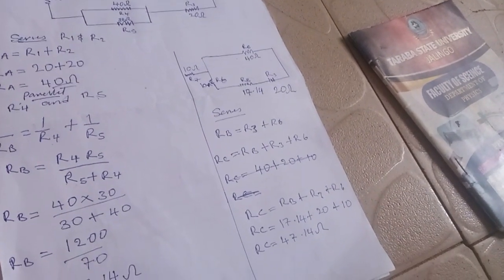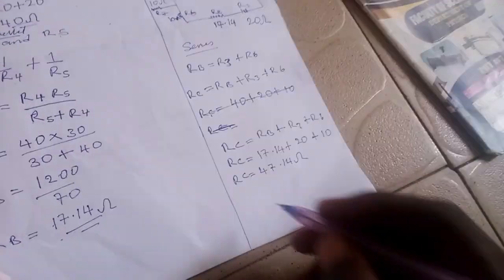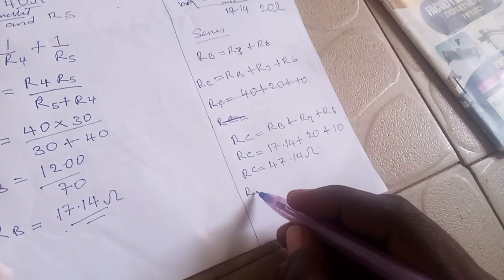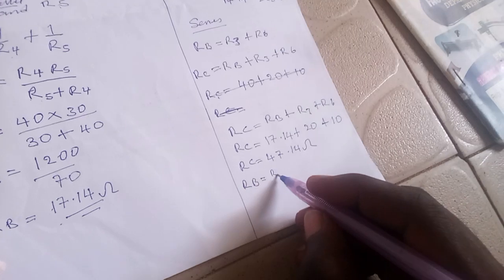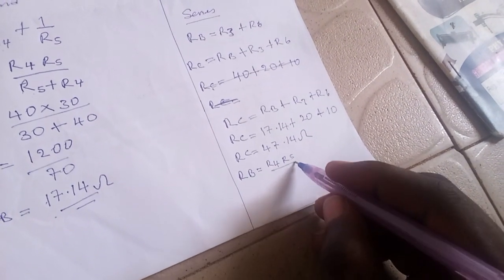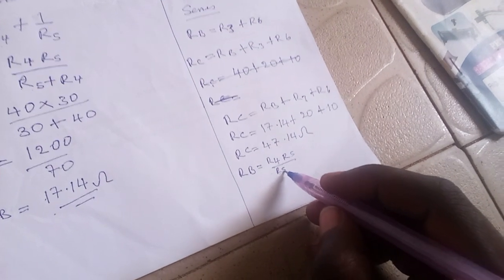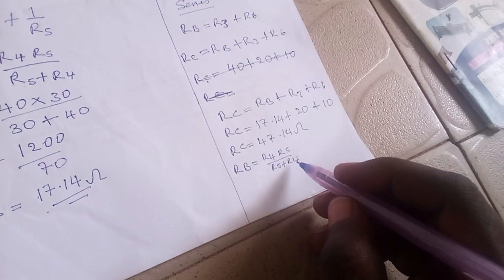Okay, we just finished the one of series now. So we'll be entering the one of parallel. I'm just going to go straight to the formula, which is RB is equal to what? R4 R5 all over R5 plus R4.